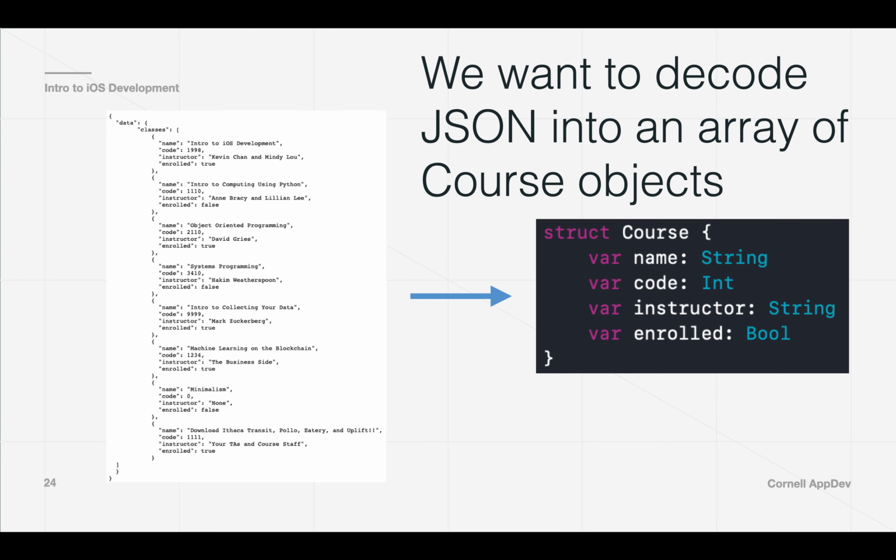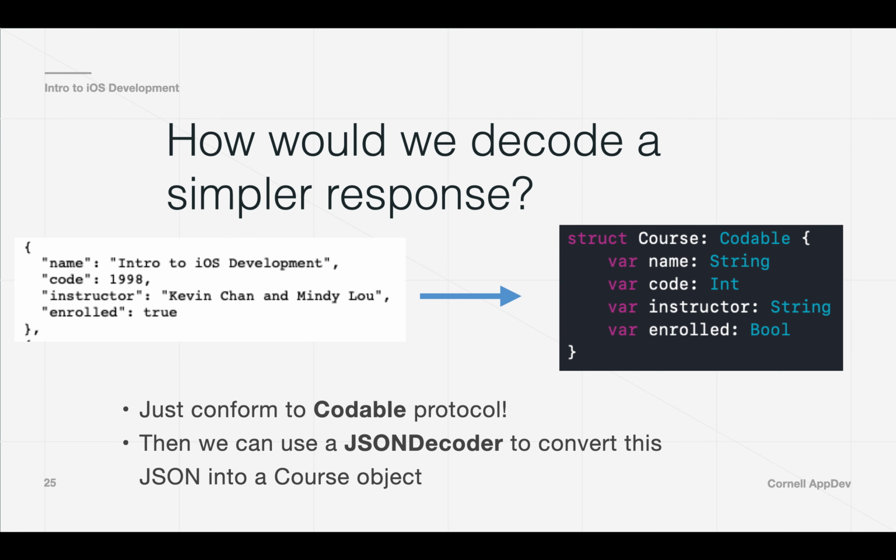And so the way we do this is just conform to Codable. Essentially, Codable tells the JSON decoder object how to decode the JSON into our custom object. And it takes away a lot of the boilerplate code of accessing JSON at this key equals this variable, and so on.